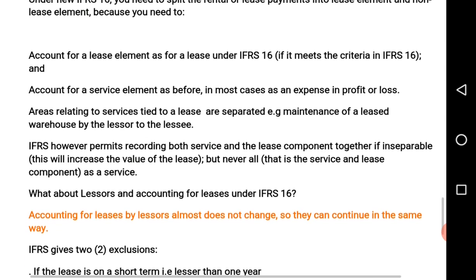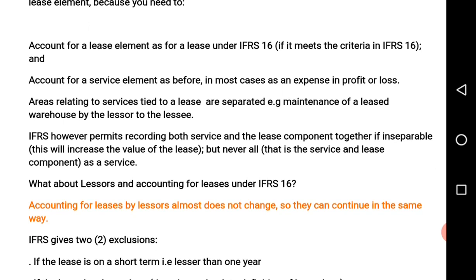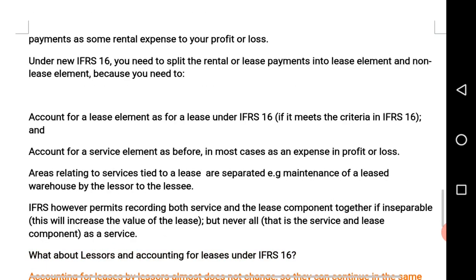So we move down, and we say what about lessors and accounting for leases under IFRS 16. And there's a point here in gold. It says accounting for leases by lessors almost does not change, so they can continue in the same way, like we gave in the diagram above, which I'll go to.